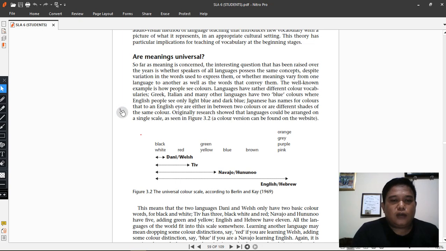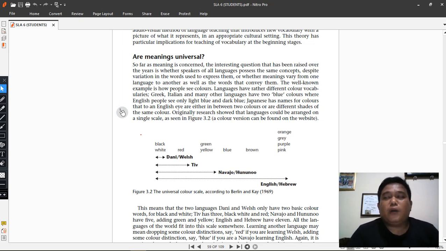Okay, I think this is too far for you. So basically, this is about how you put meaning in your concept of mind. So meaning in languages is universal. Yes, it is universal.